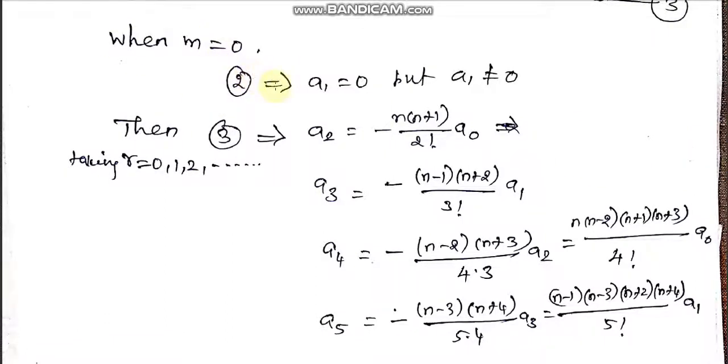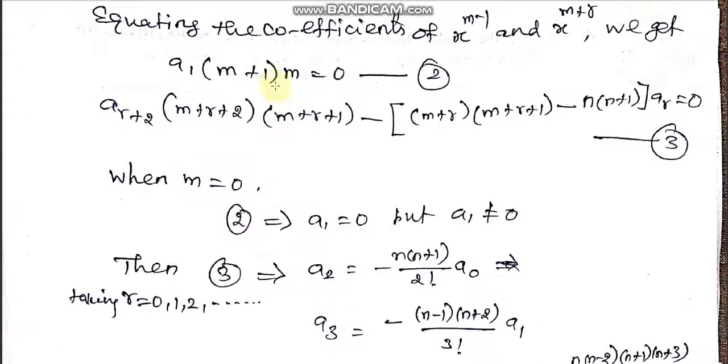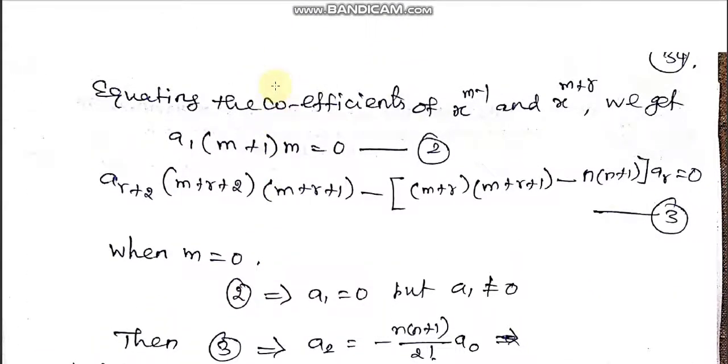Here on the equation, the successive coefficients of x^m, only we equate the lowest coefficient of x equal to 0. Now equating the coefficient of x^(m-1) and x^(m+r), we get equations 2 and 3.